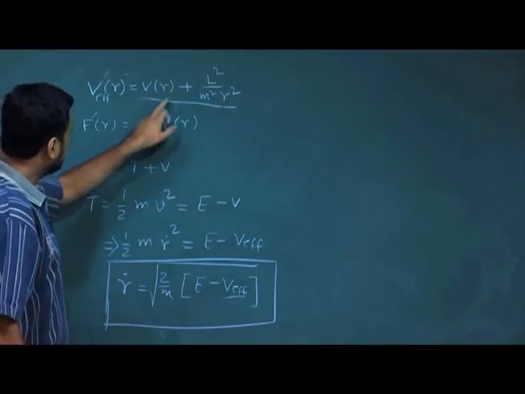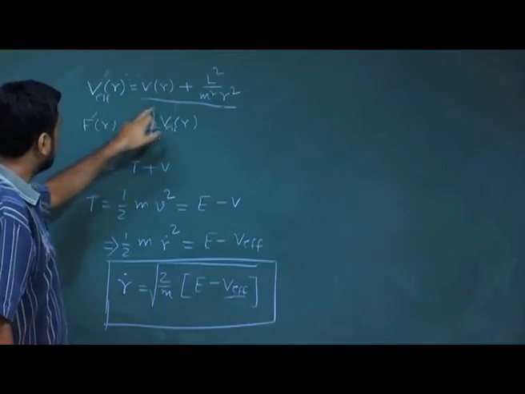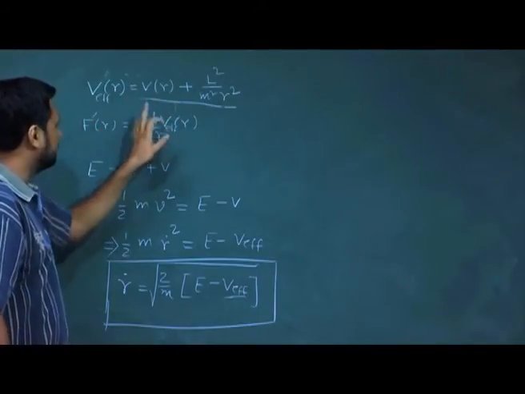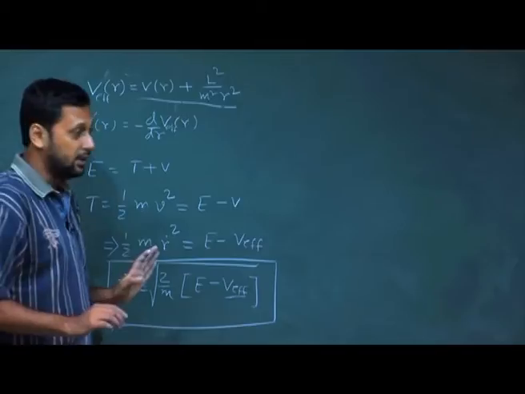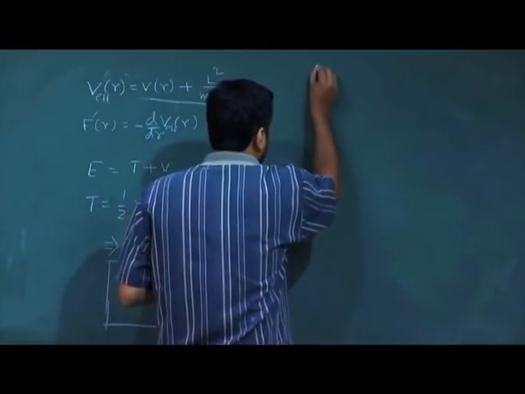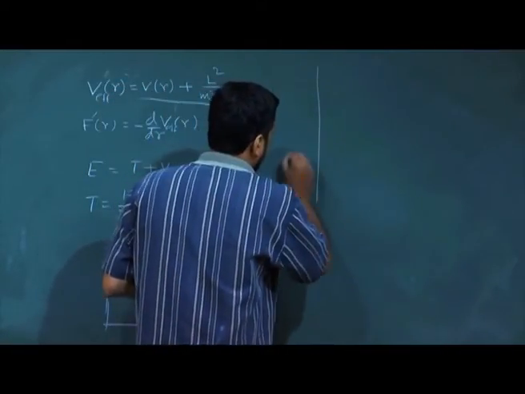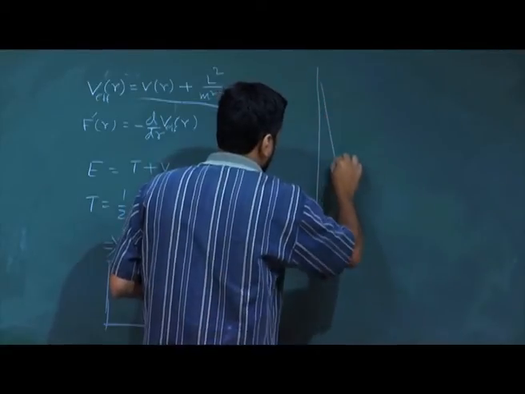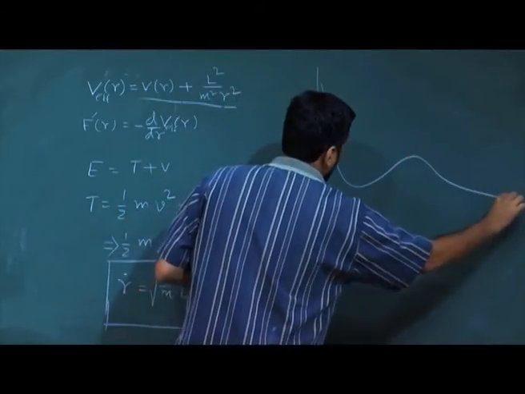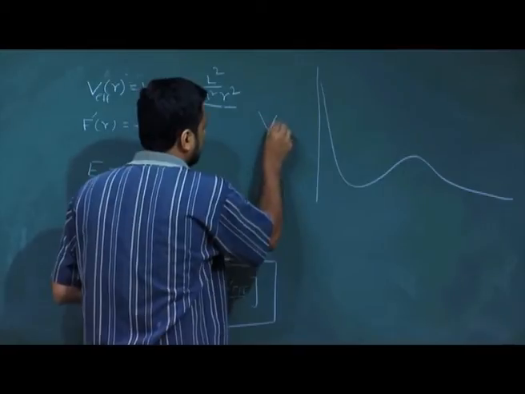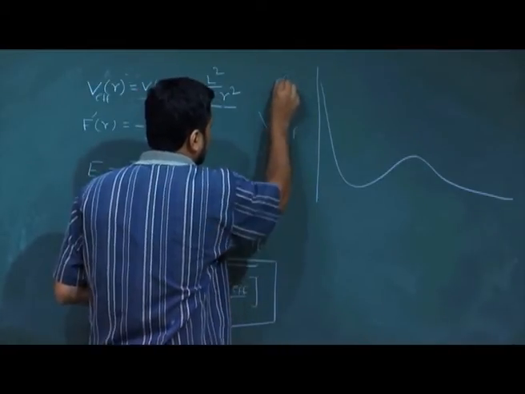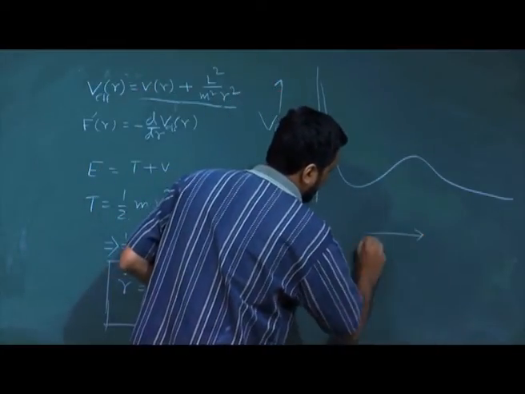So, whatever may be the functional form of V(r), which we do not know a priori, there are possibilities that the effective potential will look something like this.